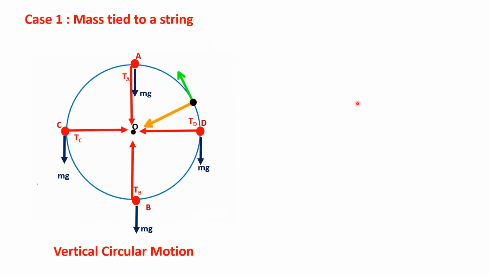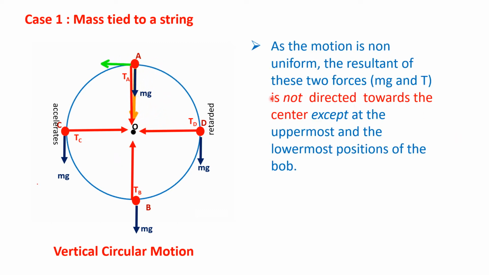Consider the vector diagram of a mass tied to a string and assume that it is performing a non-uniform motion.